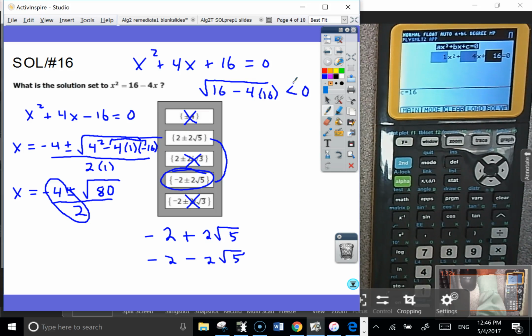Once I'm happy with that, I hit solve. You can see it gives you negative 2 plus a decimal times i, negative 2 minus a decimal times i. So that app will solve even quadratics that have imaginary solutions. Okay, so that's enough of that. Next.